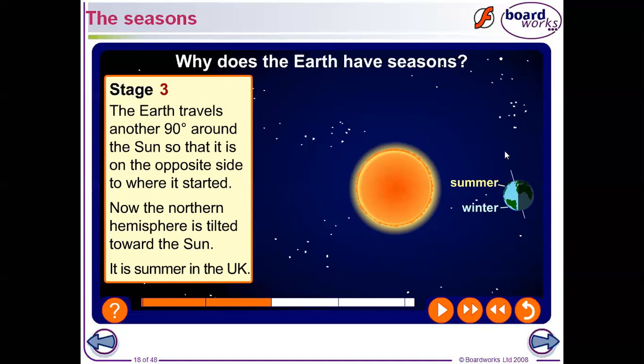This time around, notice that the Earth is still tilted, but the northern hemisphere gets more of the sunlight compared to the southern hemisphere compared to when it was here. Did you notice it? So if I should divide this into two, you notice that the north gets more of the sunlight. So the north is going to automatically be in the summer period, while the south that doesn't get the sunlight will be the winter period. Okay?